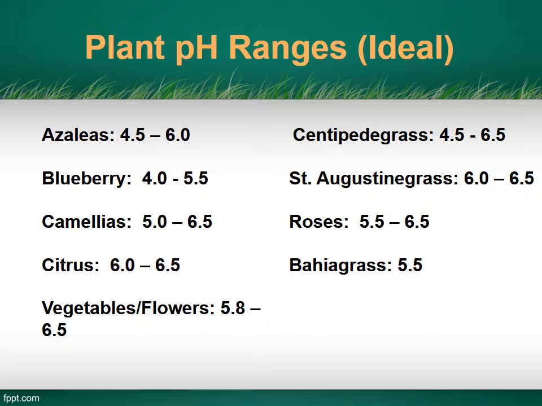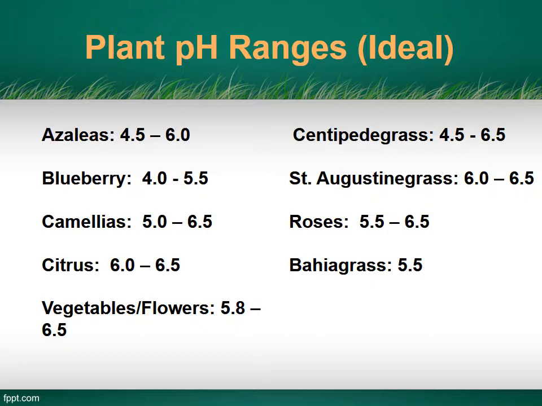Blueberries like it a little bit more acidic at 4.0 to 5.5. Camellias like it acidic. Some plants like citrus like it close to neutral. Most vegetables and flowers are going to like it just slightly acidic. Centipede grass likes a fairly acidic soil. St. Augustine, this graph says 6 to 6.5.